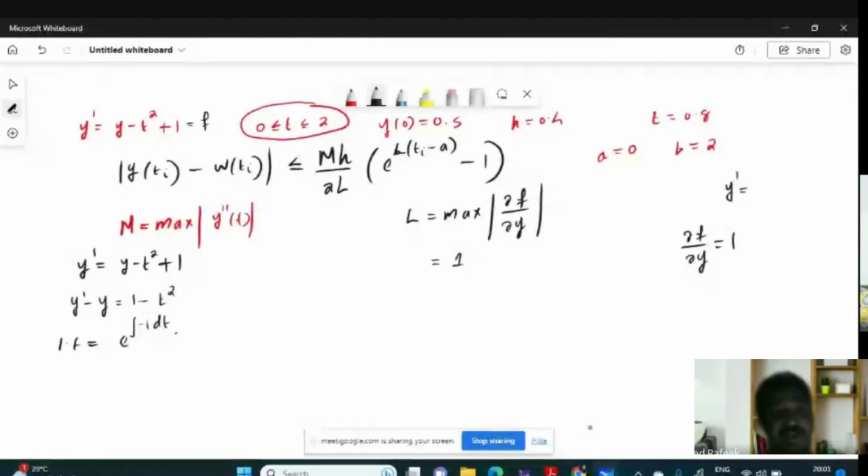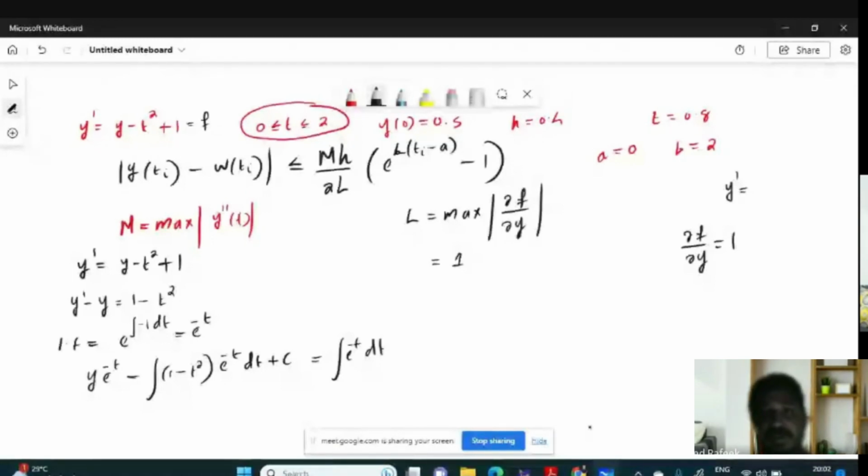Then the solution is y e power minus t equal to the integral of (1 minus t square) e raised to minus t dt, plus the constant of integration.